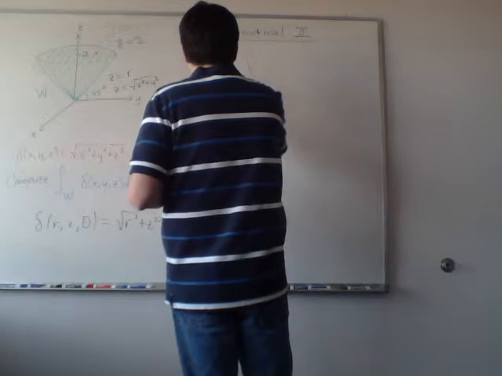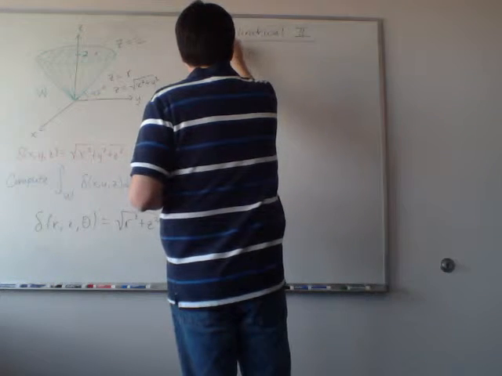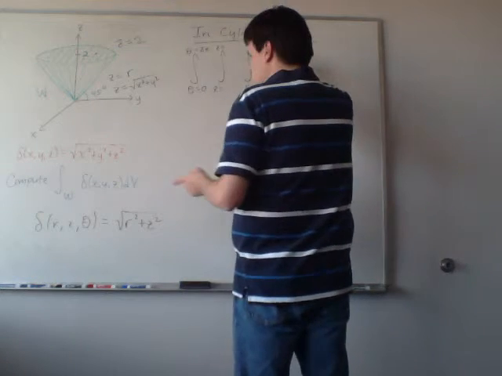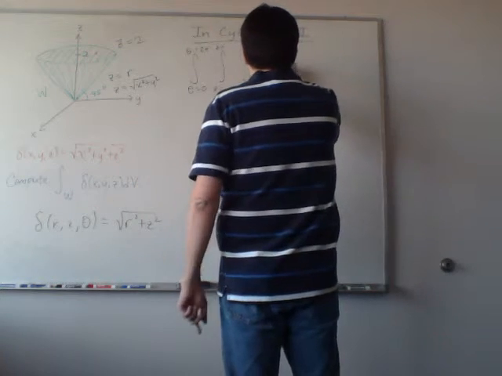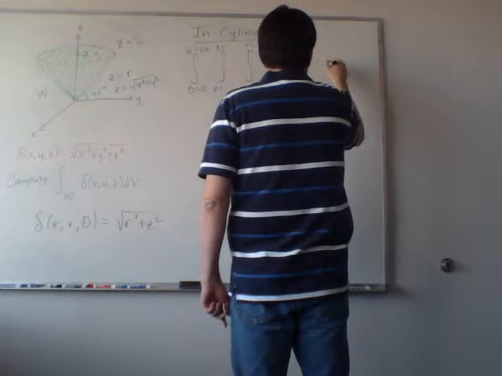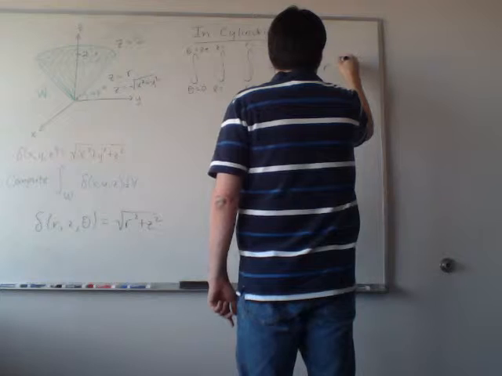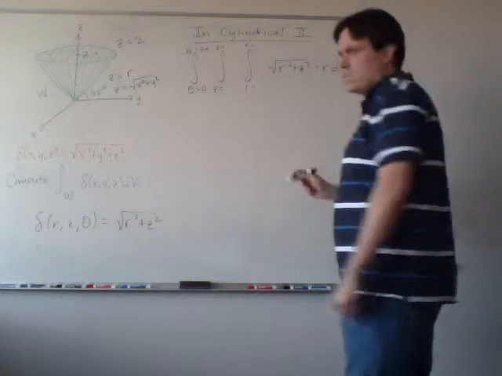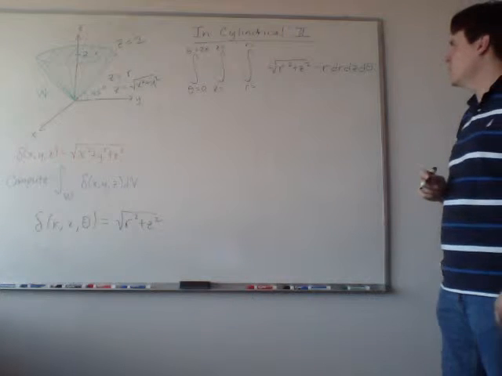But this time I'm going to try z here and r here. So my function is going to be delta equals square root of r squared plus z squared. That's not changing because I'm still in cylindrical coordinates, times r dr dz d theta, which is basically the reverse of what I tried last time.